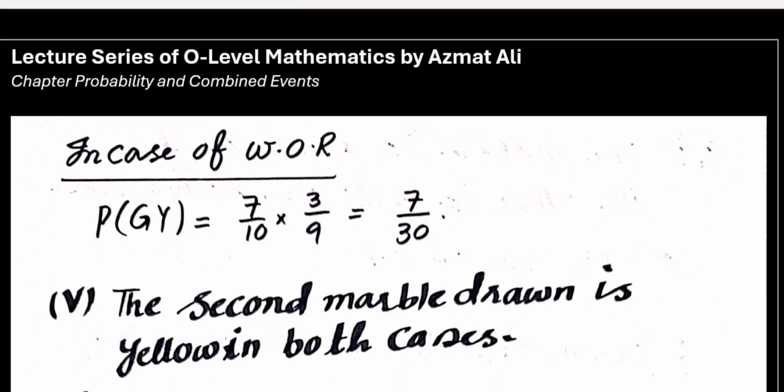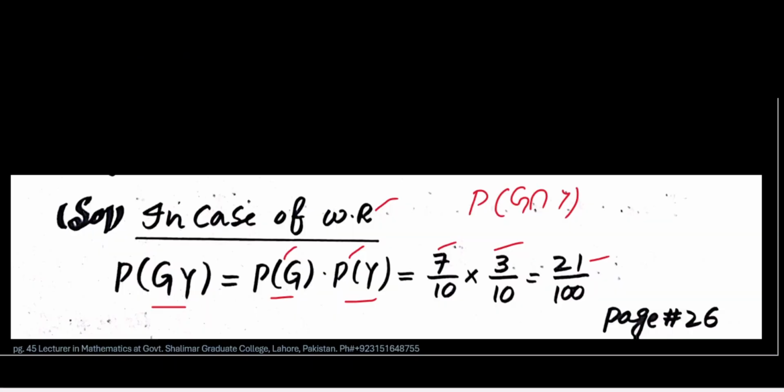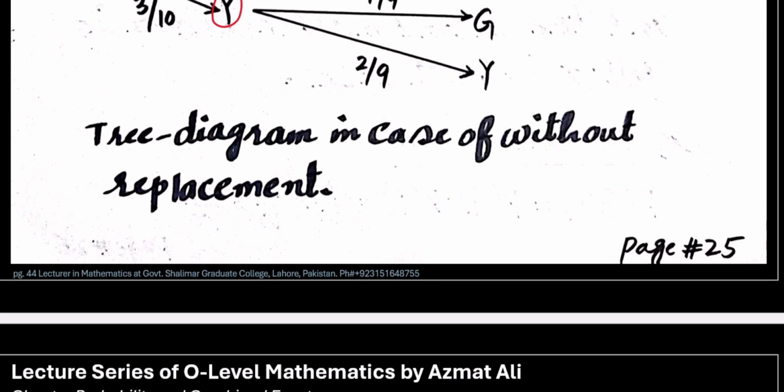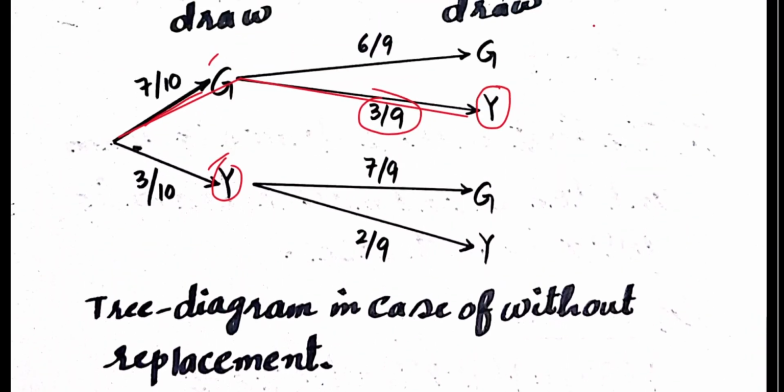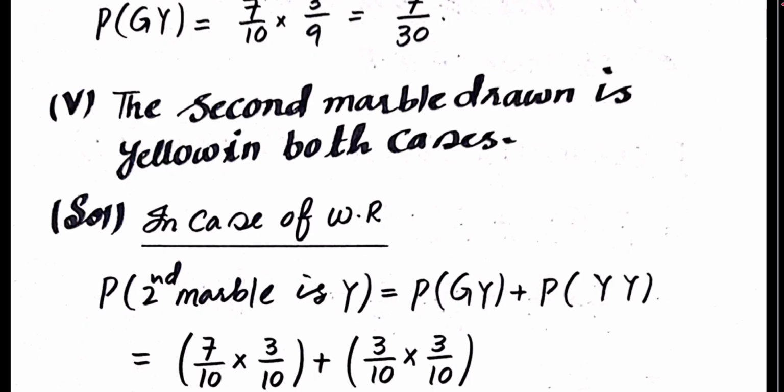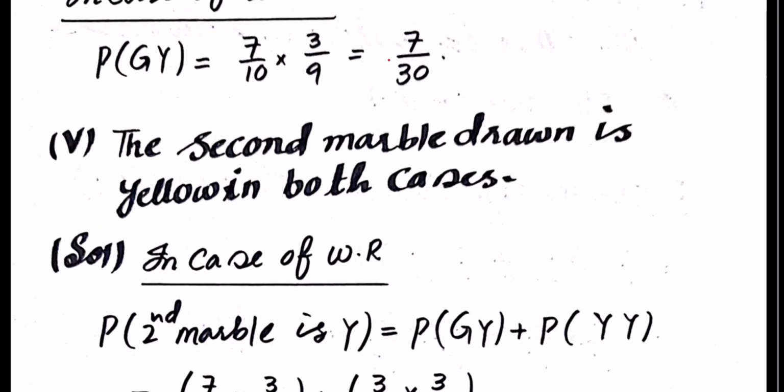In case of without replacement, again this will be the product, but now you have the probability from the tree diagram, G and Y. Probability of green is 7 by 10, then probability of Y is 3 by 9. This will become 7 by 10 into 3 by 9. This is equal to 1 by 3 times 7 by 10, 7 by 30. So this is 7 by 30 here.